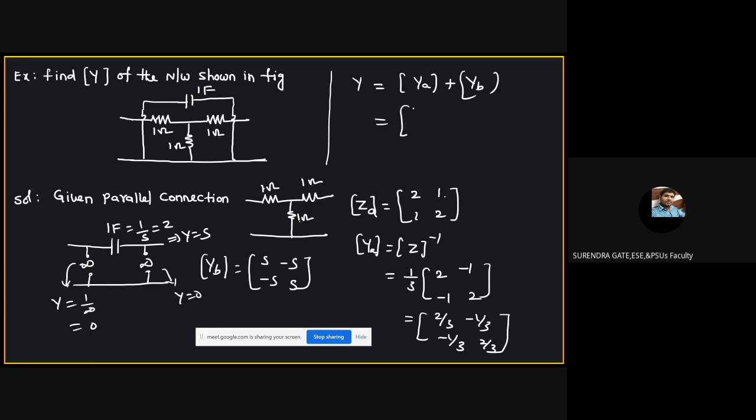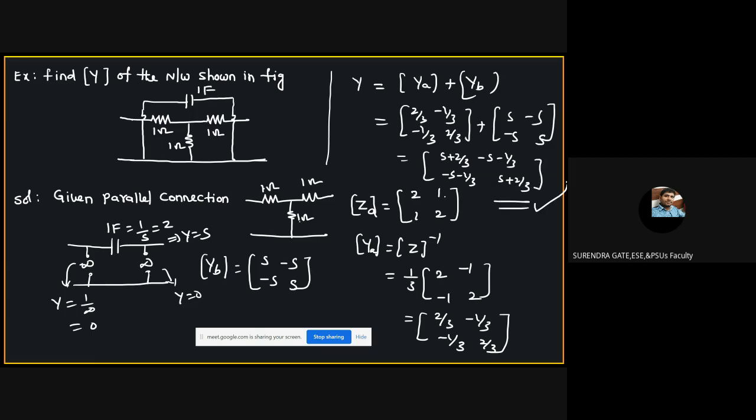What is YA? 2 by 3, minus 1 by 3, minus 1 by 3, 2 by 3. What is YB? S, minus S, minus S, S. Then add all these. What do you get? S plus 2 by 3, minus S minus 1 by 3, minus S minus 1 by 3, S plus 2 by 3.